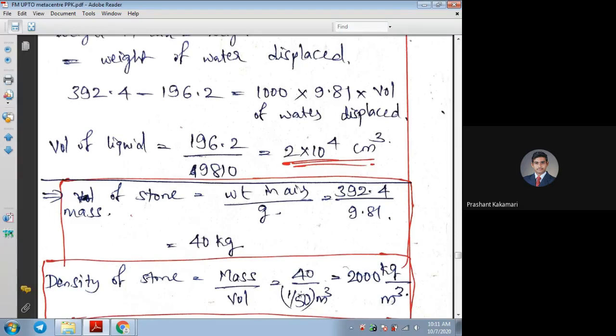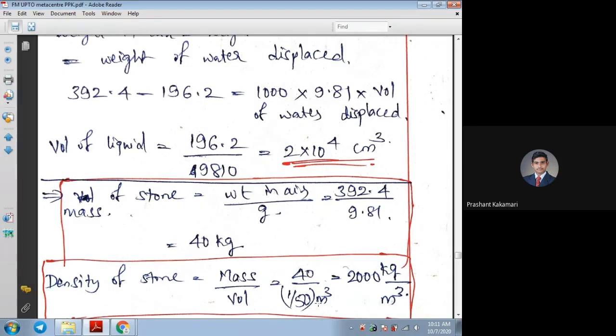So all of you check these values. Volume, is it coming with this value 1 by 50 into 10 this meter cube? Just check. 2 into 10 raised to 4, same volume for the stone also we have considered.